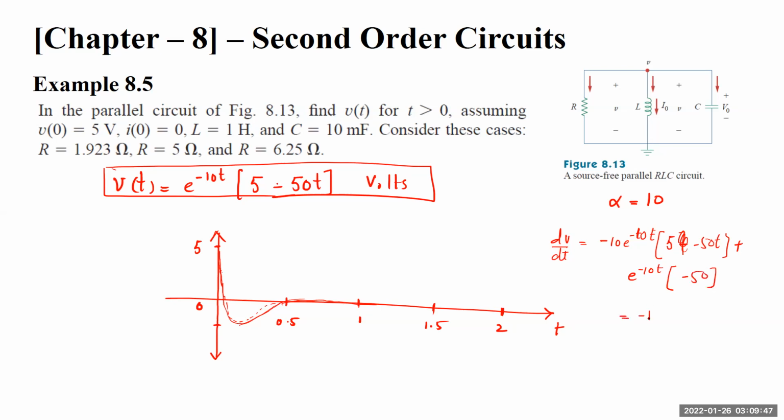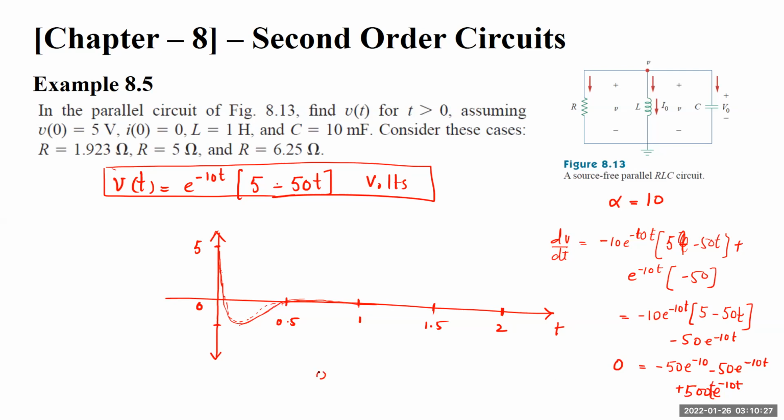So what we get is minus 10 e raised to power minus 10t (5 minus 50t) minus 50 e raised to power minus 10t. We simply do the math: it will be minus 50 e raised to power minus 10t, again minus 50 e raised to power minus 10t, and plus 500 t e raised to power minus 10t.